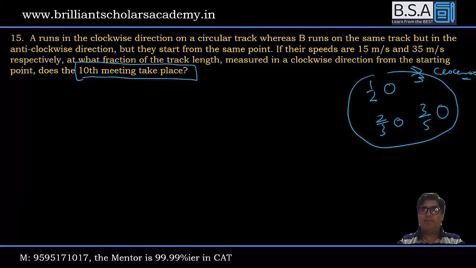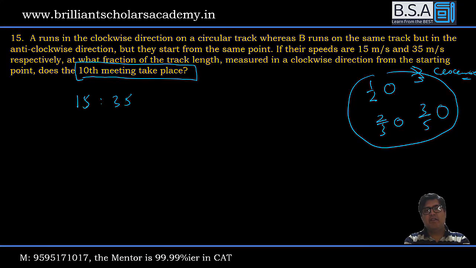Direction is same? No, direction is A clockwise, B anti-clockwise. It is an opposite direction question. So right now if I see, it is a tricky question. If I look at 15 by 35, 5 into 3, 5 into 7.